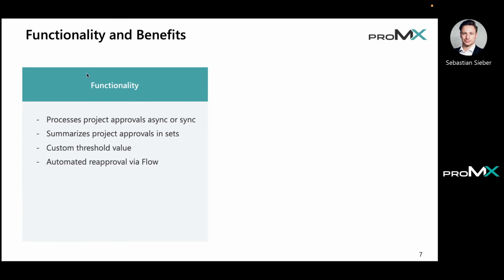And why I mentioned that it will be reapproved, or basically triggered again, when we go with async: there's a cloud flow in the background that retriggers queued-up approval sets. Every time that flow runs, it picks up the approval set and tries to approve it again.